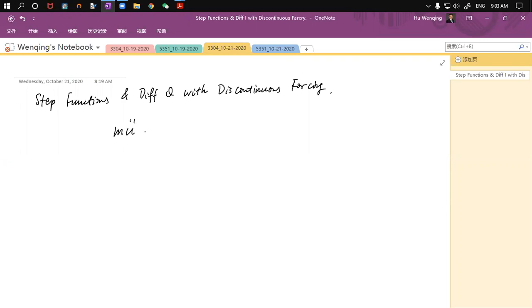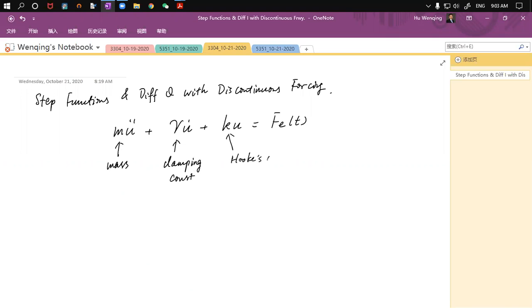If you have the equation m u double dot plus gamma u dot plus k u is equal to the external forcing, then in this equation, m is the mass, gamma is what we call the damping constant, k is sometimes called Hooke's constant, and F_e of t is sometimes called the external forcing.